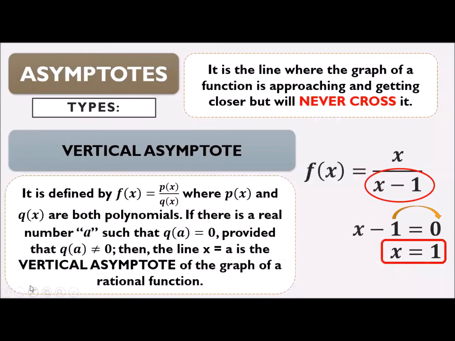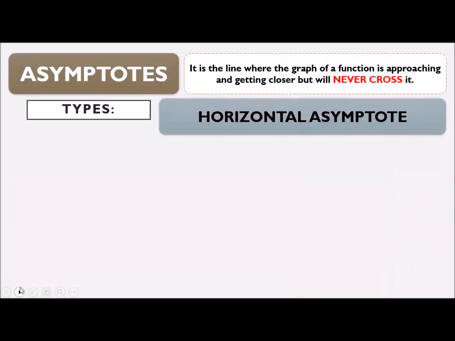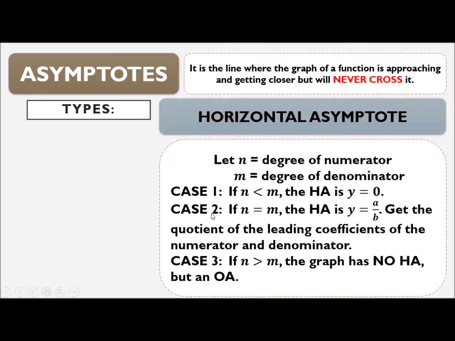Okay? Next one. Let's proceed with the second type, which is the horizontal asymptote. We have here the 3 cases. At very particular tayo with the degree of the polynomial in the numerator and the denominator. Kaya pinarecall ko sa inyo kanina yung degree at magagamit din natin dito ang leading coefficients.